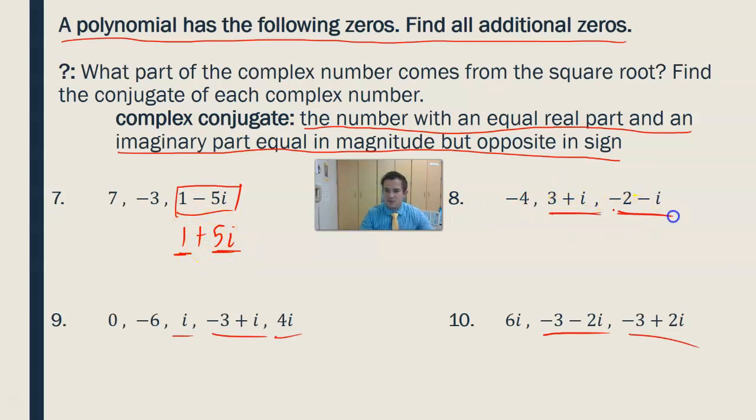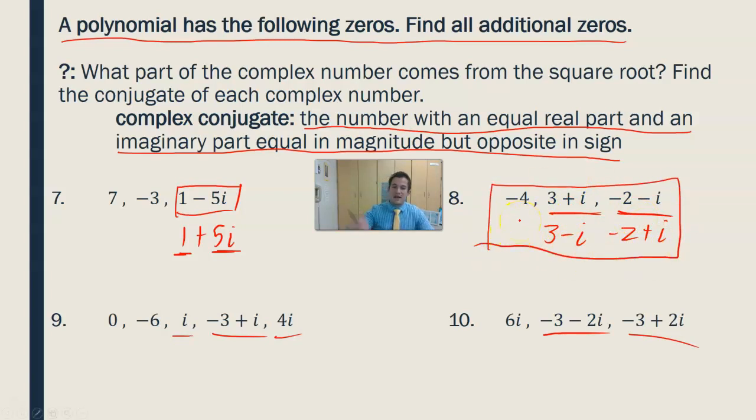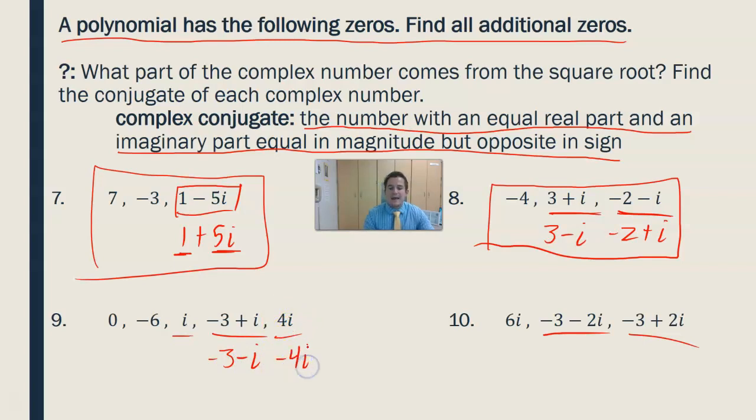If I have these two solutions, 3 plus i, the conjugate is going to be 3 minus i. -2 minus i is going to be -2 plus i. So now this polynomial, if these were the solutions, would have 5 solutions. This polynomial would have 4 solutions. This one I have -3 plus i, so the other solution is going to be -3 minus i. This is just a 4i, so the conjugate is going to be -4i.